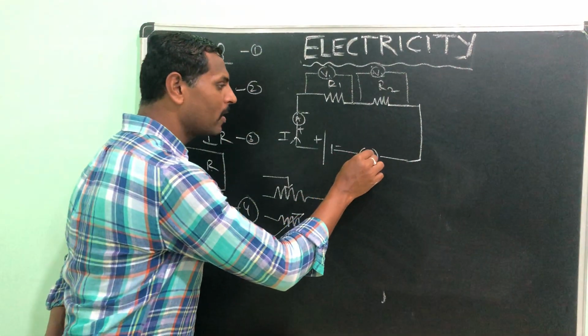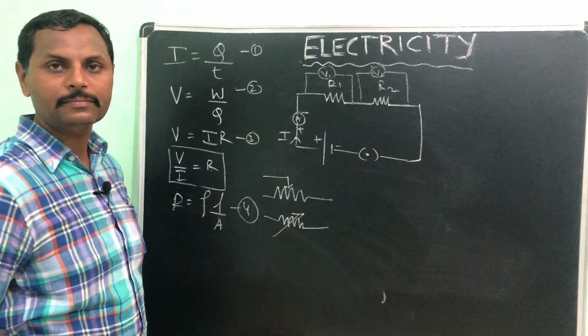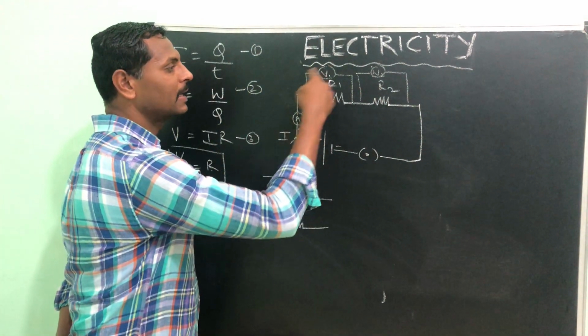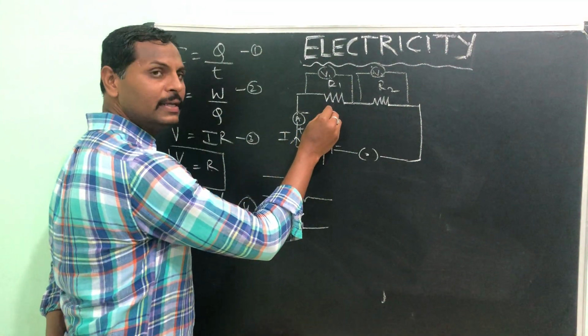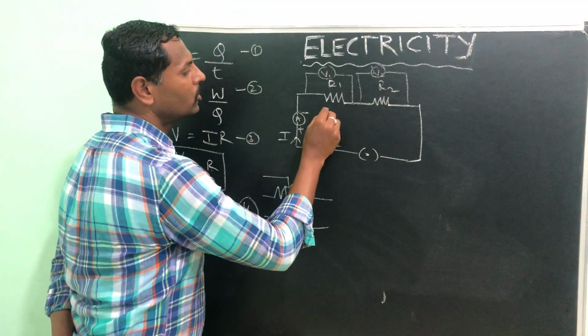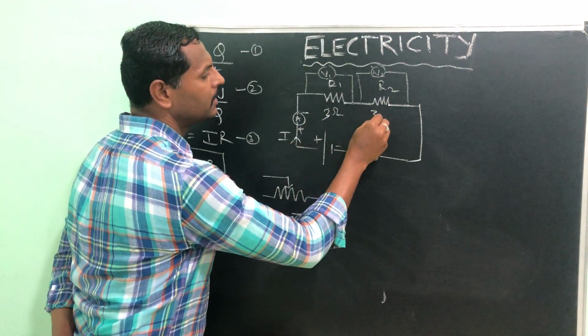Now simply switch this on. Current is moving like this, electrons are moving like this. Suppose the resistance of this one is around 2 or 3 ohm, and this one is also 3 ohm.